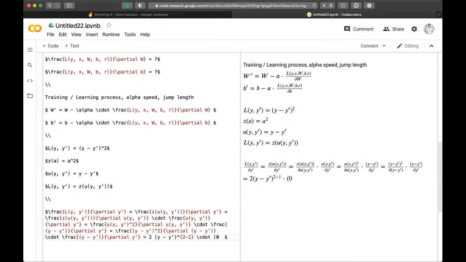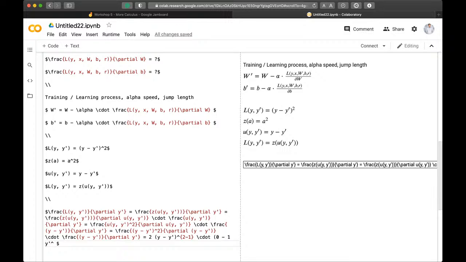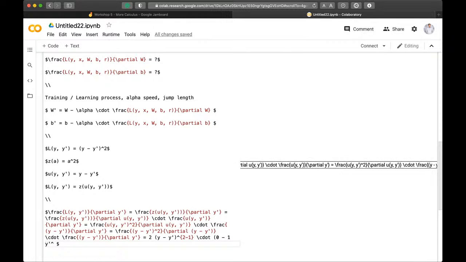Y is a constant in this case, and we drop it because it's not anyhow related to y prime. So y prime, then again, let's write it in a very dumb way. So 1 multiplied by y prime, and here this is 1 minus 1, like that.